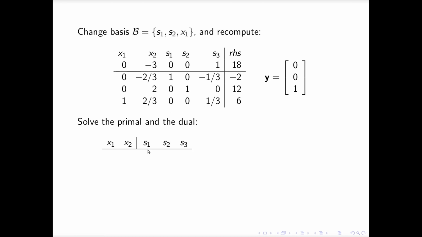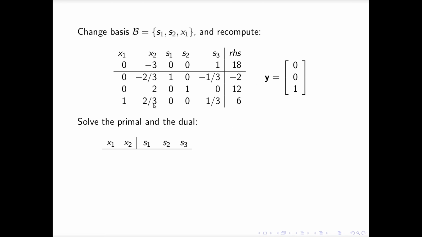Okay, let's find a different basis. What if I bring x1 into my basis and I recompute my tableau? What do I get here? This is an interesting tableau. I can pull off the solutions to the dual, CB transpose B inverse, from row 0. So those are 0, 0, 1.